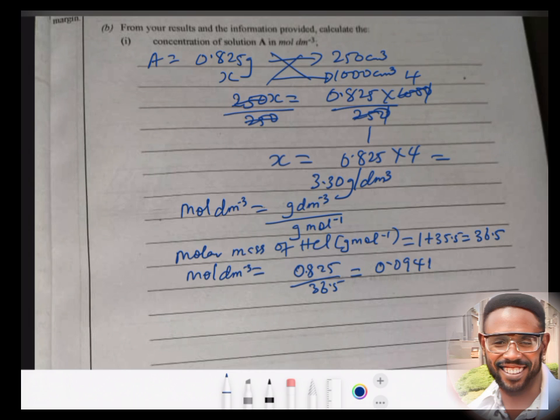I wouldn't know if significant figure is the same thing as in mathematics. Mole per dm cube is our final answer for this question.